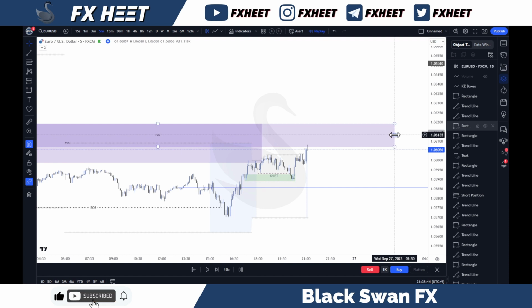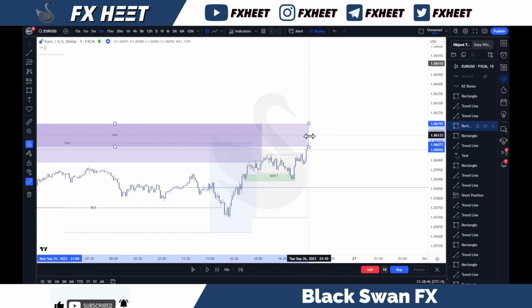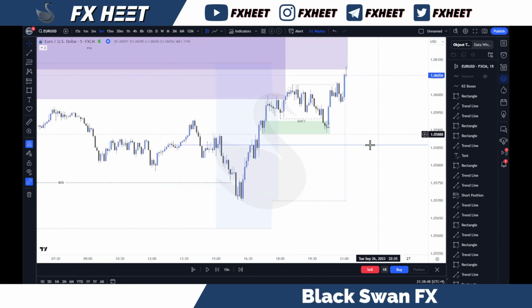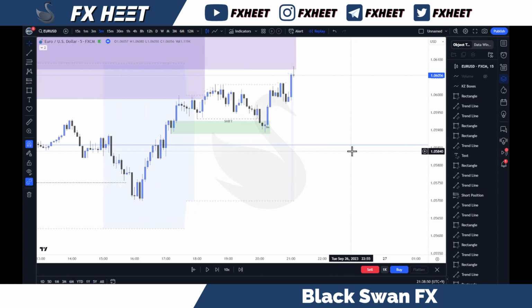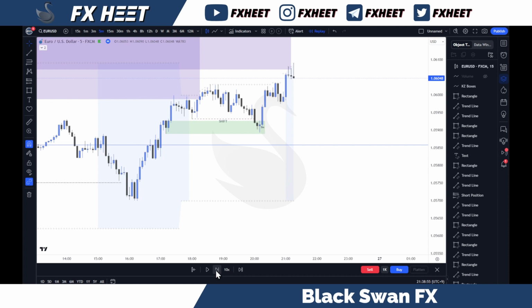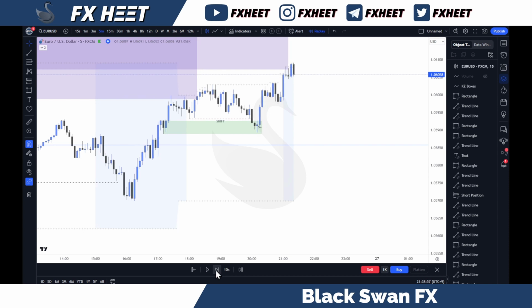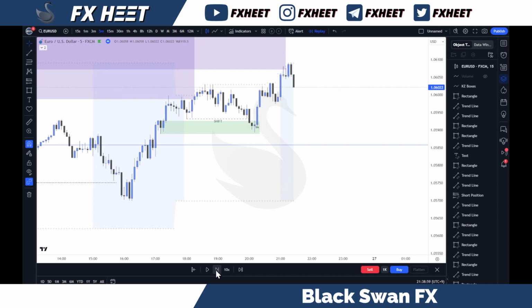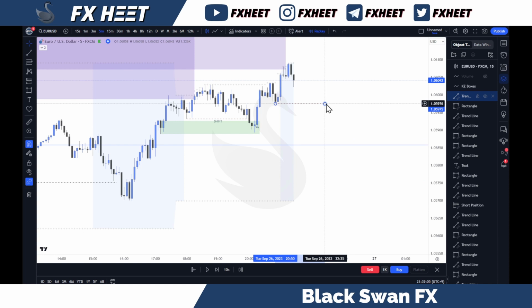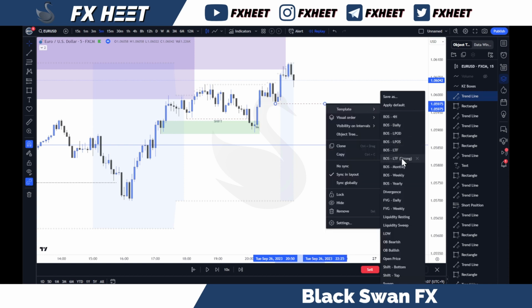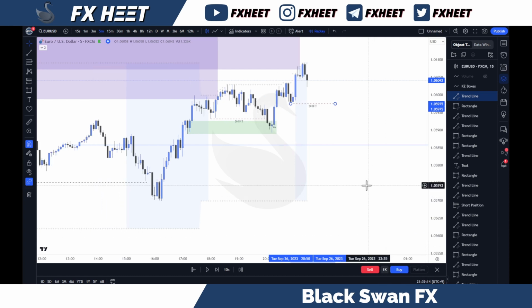We've come into the fair value gap. Now what we want to see is if we get a shift from here, then we'll enter a short. Yeah, I like this one better because of the timing, because we're clearly in the New York session. We're looking for a shift.